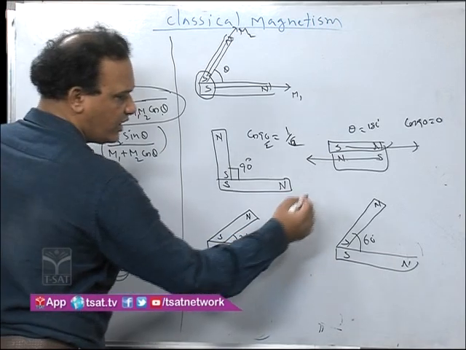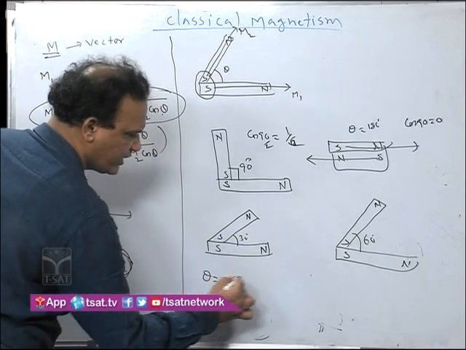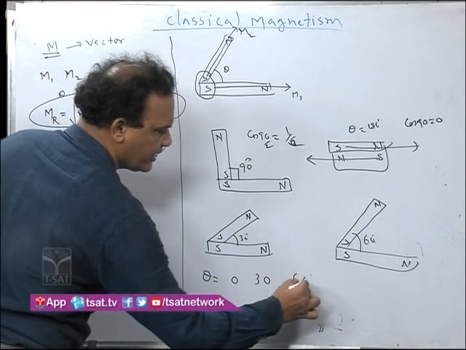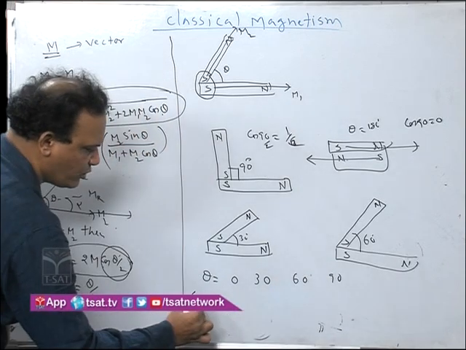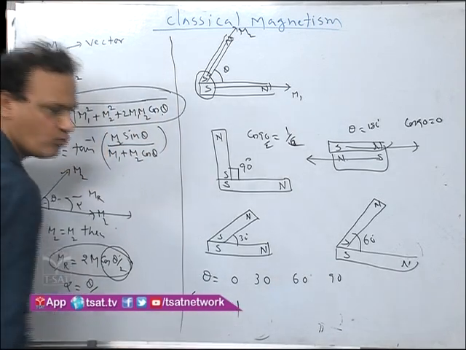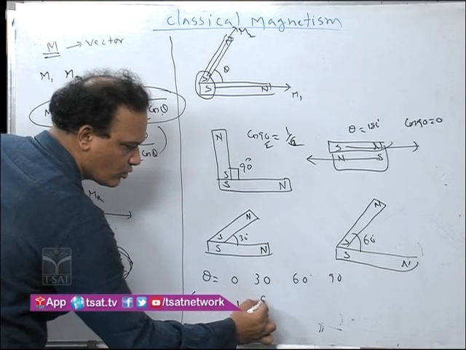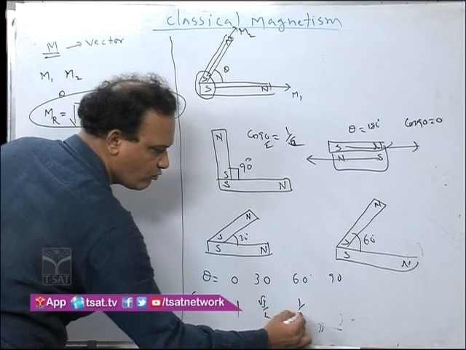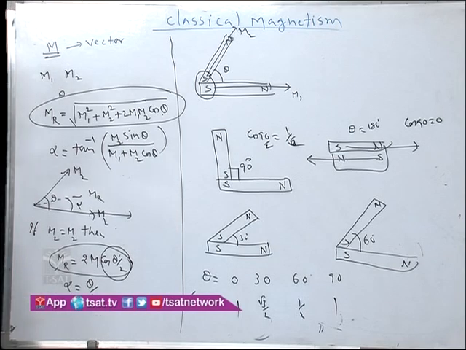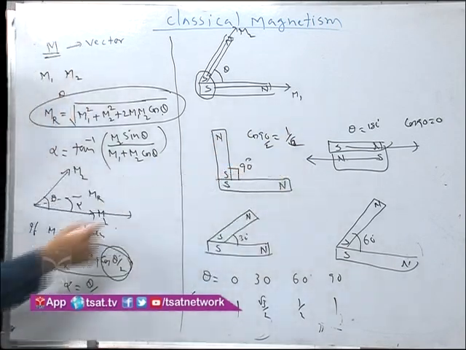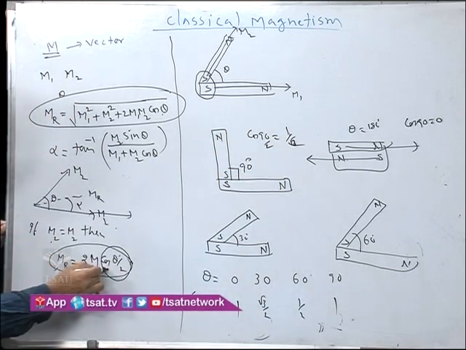So in the case where theta is equal to 0 degrees, 30 degrees, 60 degrees, 90 degrees, what about the cos theta value? Cos 0 is 1, cos 30 is root 3 by 2, cos 60 is 1 by 2, cos 90 is 0. All are identical bar magnets, and the resultant magnetic moment depends on this theta.